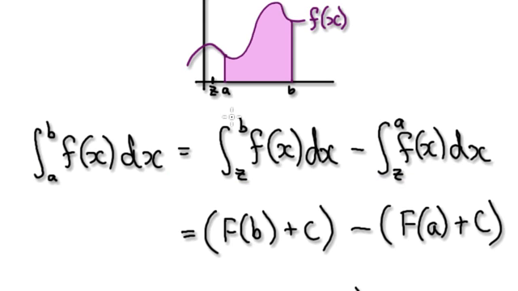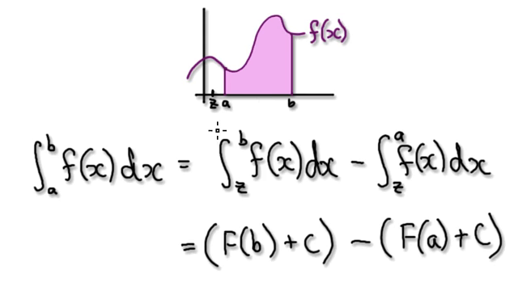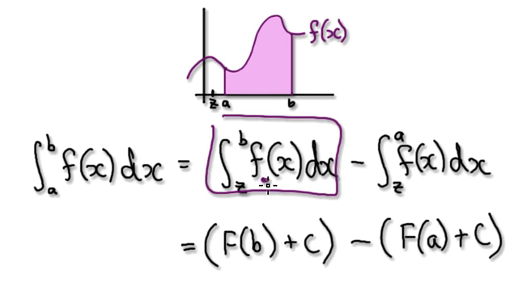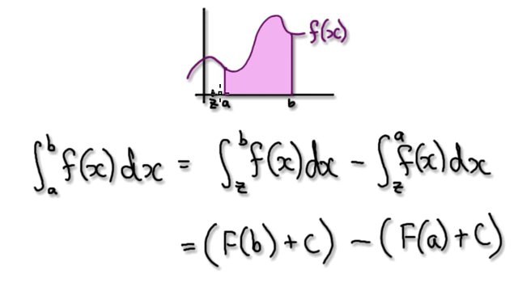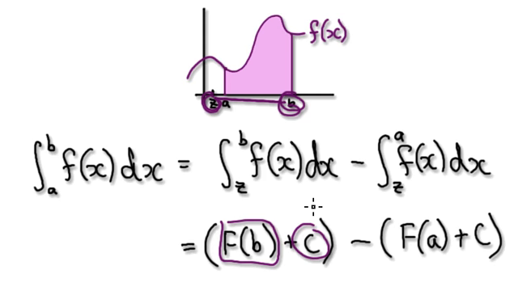We can now jump from here to here, because we have the ability to work out the area from one point to another. From Z to B, it would be us doing this, and then plus a mystery number.